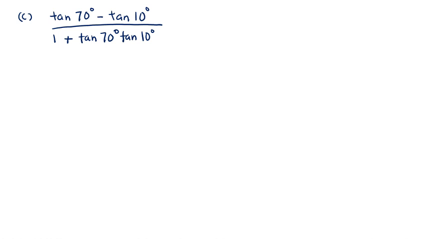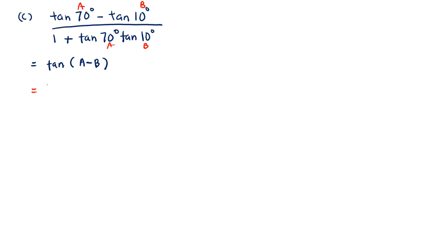From page 215, we see that this format of question comes from, this one is minus, right? Minus and plus on the denominator. So actually this one is tangent A minus B. So we must find which is A and which is B. So this one is A and this one is B.